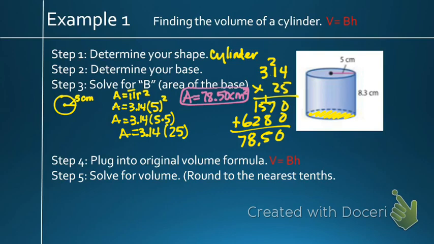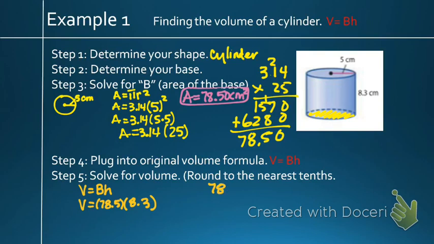So now, step 4, you're going to plug it into your original volume formula, which is V equals our area of our base times our height. We're looking for volume. The area of our base we just found was 78.5 times our height. The height of the whole thing is 8.3.